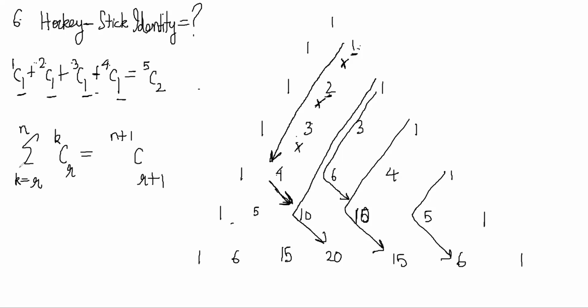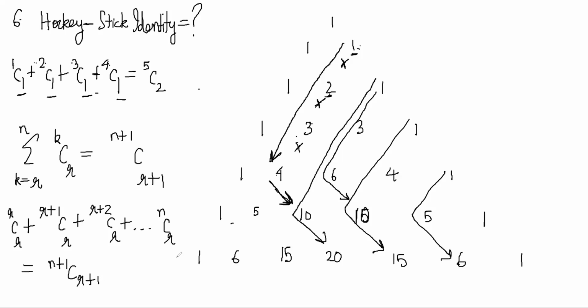Let's see whether it makes sense. K is going from r, so you start off with rCr, then K increases, r plus 1 Cr, r plus 2 Cr, and you go on till nCr, and that becomes equal to n plus 1 C r plus 1.